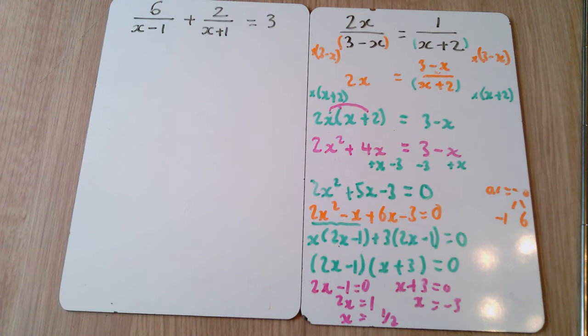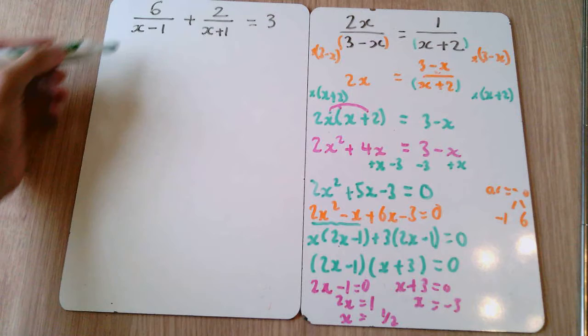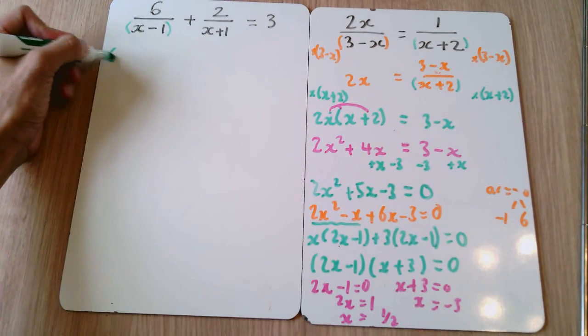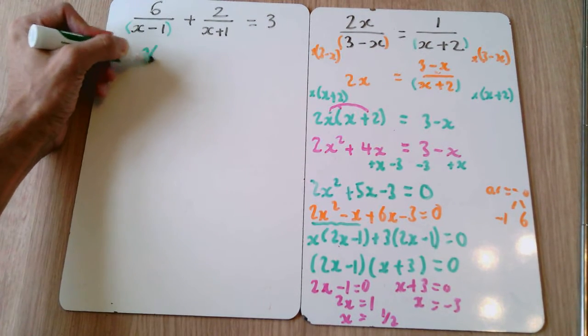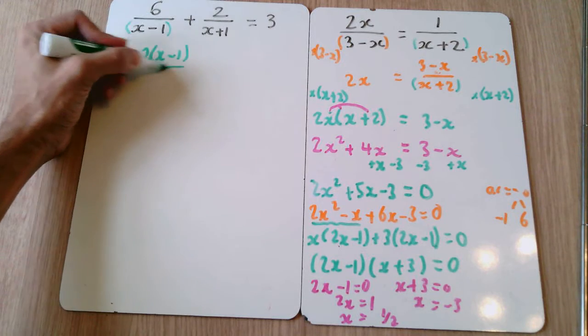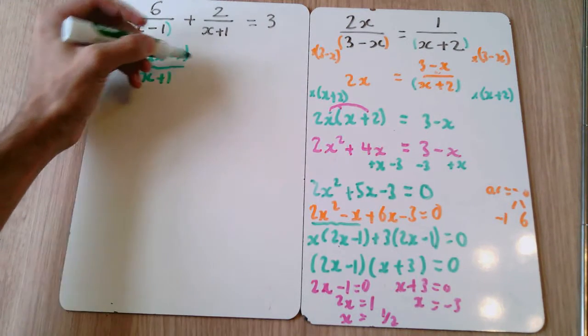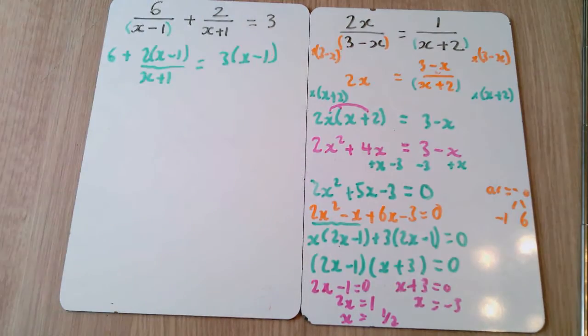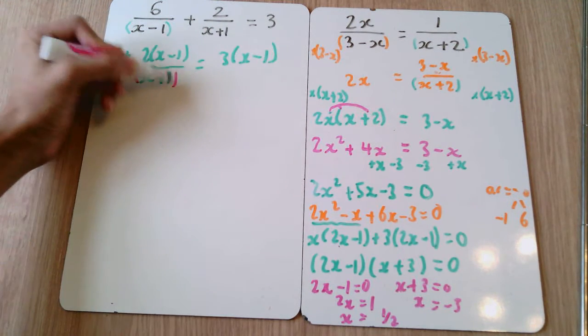Now, we're going to multiply through by our denominators first. This first denominator is x - 1. That's going to give me 6 plus 2(x - 1) over x + 1 is equal to 3(x - 1). That's multiplying through everything by x - 1. We then need to multiply through everything by x + 1.